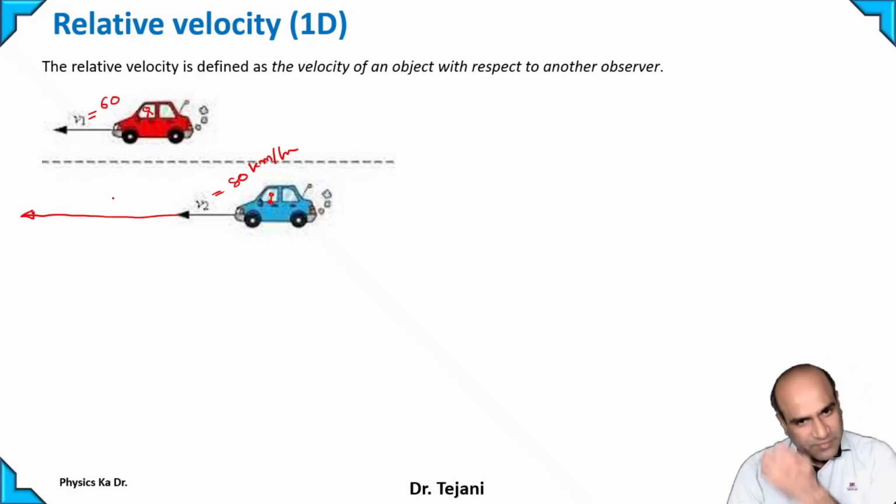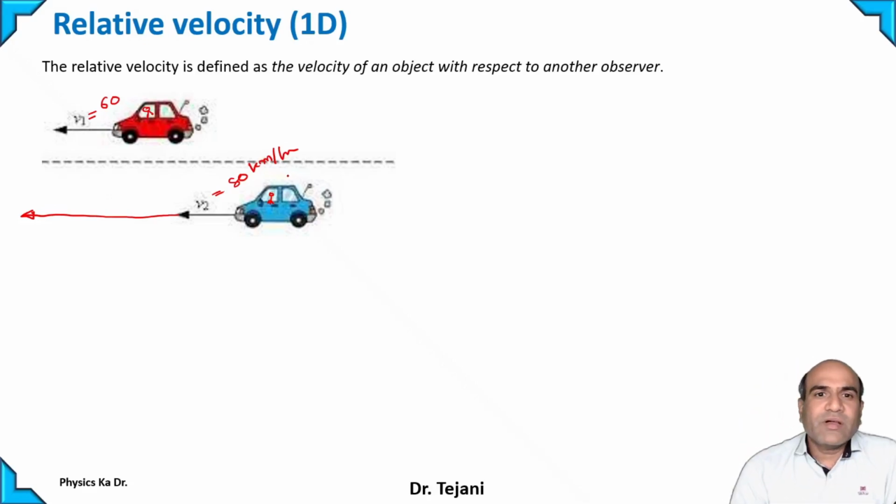It can overtake. But if we compare its overtaking with a stationary person, say for example, there is a person standing on something with zero velocity. If I compare this blue car's velocity with this person who has zero velocity, it is always of course 80 kilometer per hour.